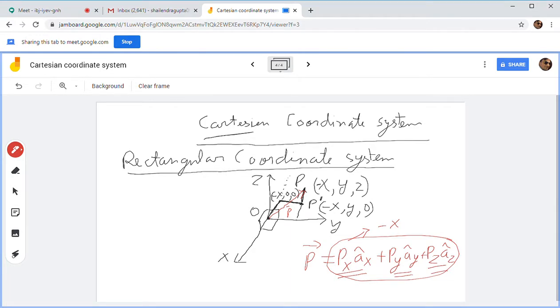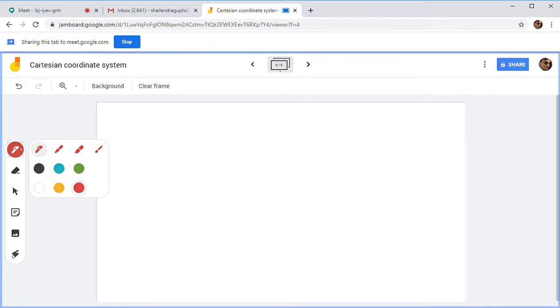Okay, this is the rectangular coordinate system, and you very well know this coordinate system. Let us move forward to another coordinate system which will be very helpful in solving some of the problems which you will deal with. So this is the cylindrical coordinate system.